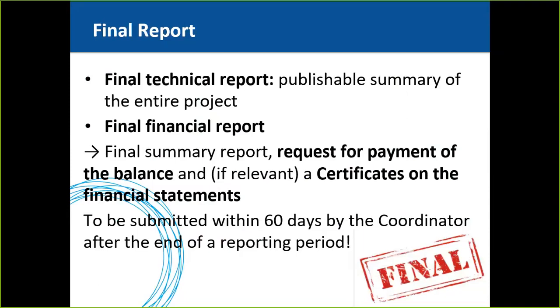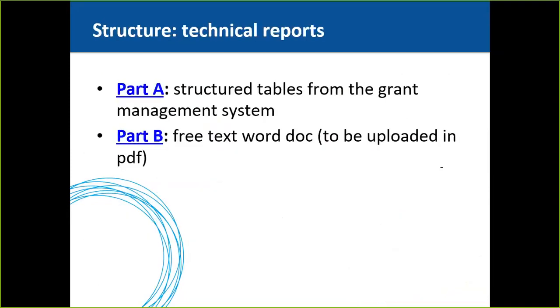The technical reports consist of Part A and Part B. Part A consists of structured tables from the grant management system, from the funding and tenders portal, such as the summary for publication, and web-based tables covering information about the different work packages, deliverables, and milestones, and again, a small questionnaire.